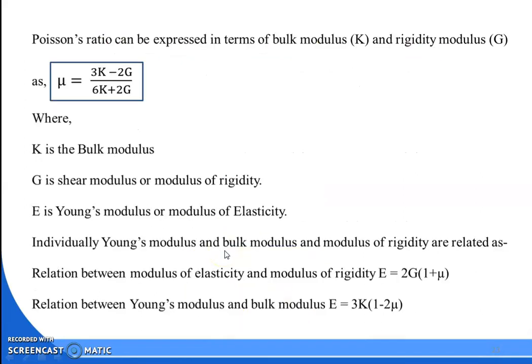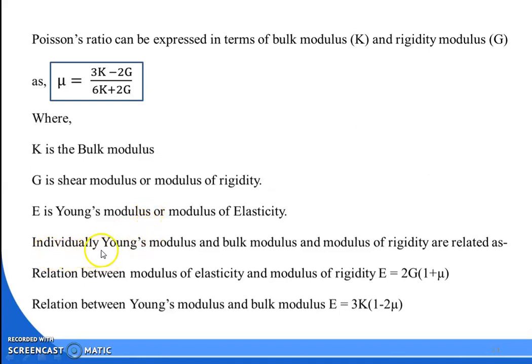So next one is the relationship between bulk modulus and modulus of rigidity, capital G. Here the relationship is mu equals 3K minus 2G divided by 6K plus 2G, where K represents the bulk modulus, capital G represents shear modulus or modulus of rigidity, and capital E represents your modulus of elasticity or Young's modulus.